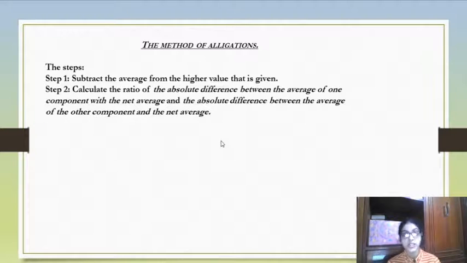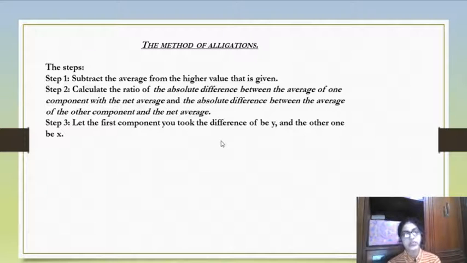So what we have to remember for the method of alligation is that in the final solution, the ratio essentially gets flipped. When you're finding the difference in the averages for a component you call x, if that is what you put in the numerator in your step 2 calculations, then in your step 4 replacement in the ratio, that component x is going to go in the denominator.